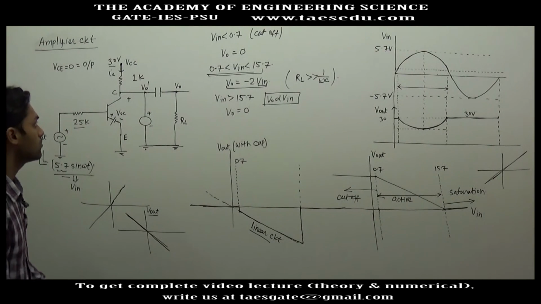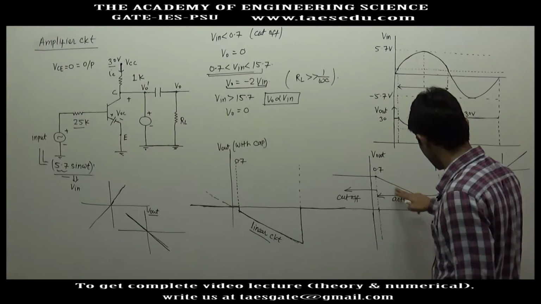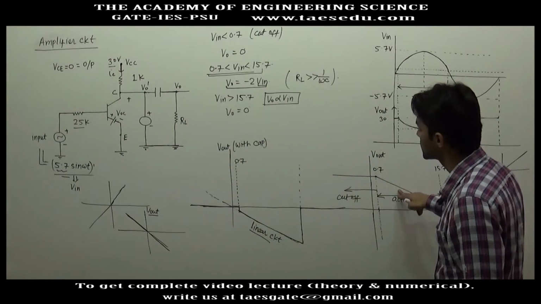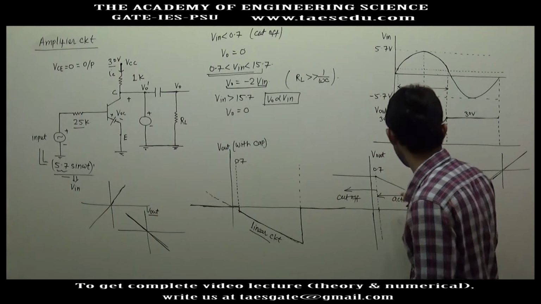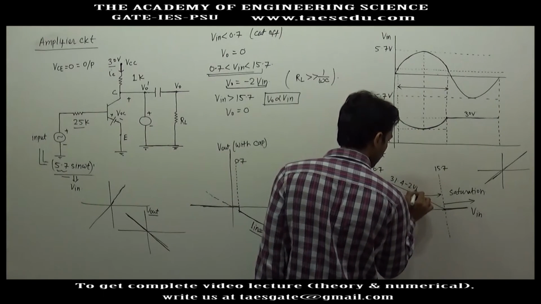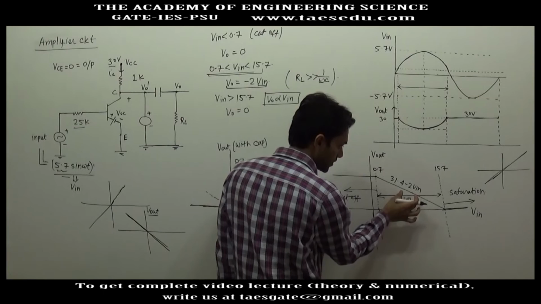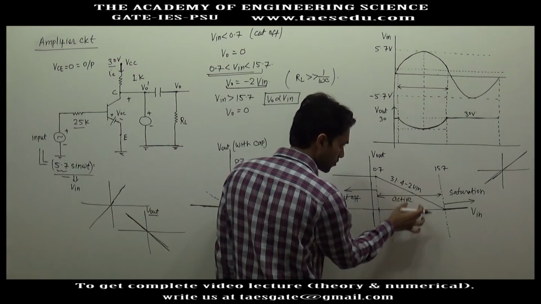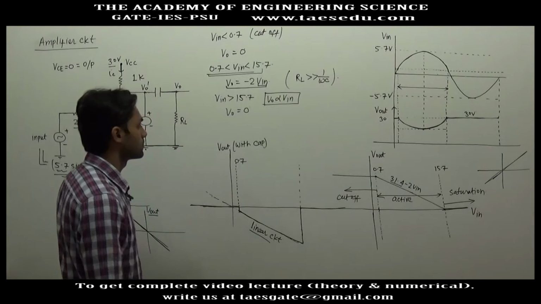Okay. When you did not connect a capacitor, the same graph is like this. When you connected a capacitor, it removed the DC part. This is the equation for 31.4 minus 2V input. So this graph is lowered by 31.4 units.